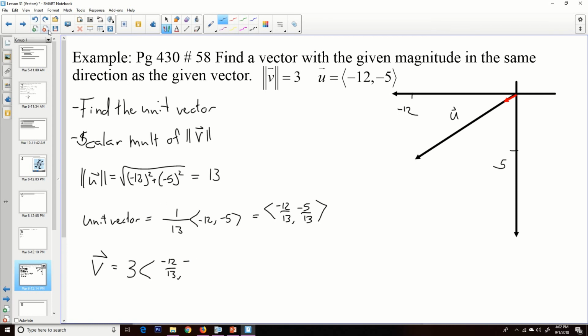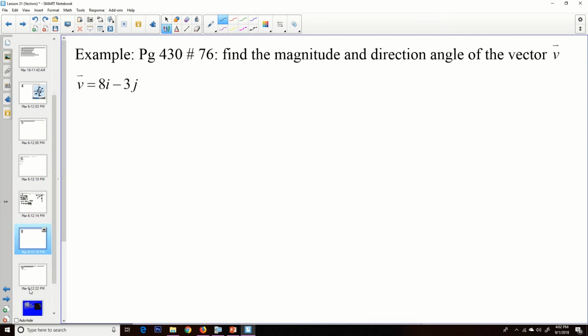Got ahead of myself. And so when I distribute, I'm going to get negative 36 over 13, and that doesn't reduce, and negative 15 over 13, and that doesn't reduce either. So there is my vector v, that is 3 units long, and it's in the same direction as that vector there.